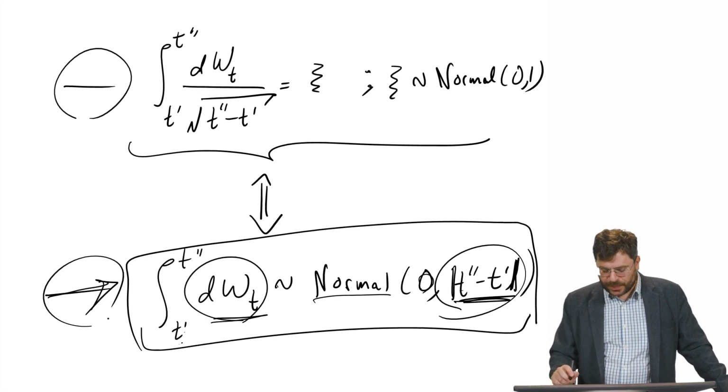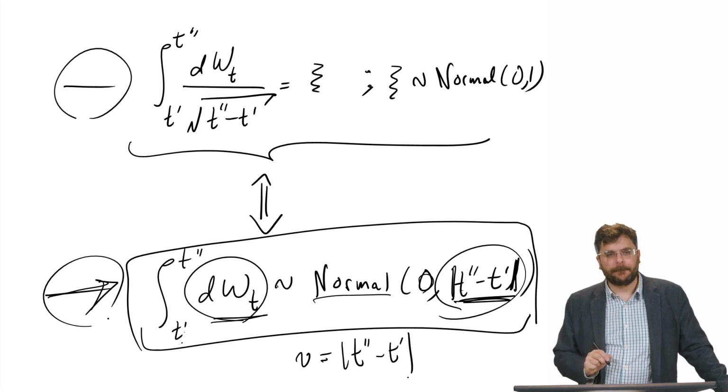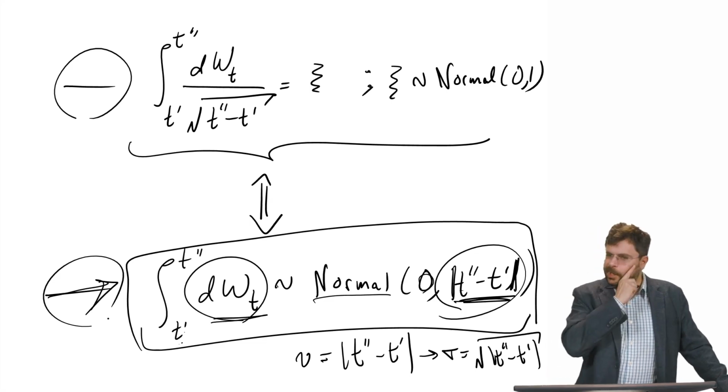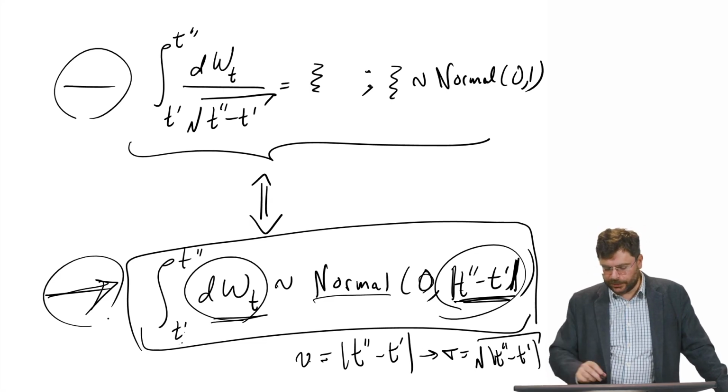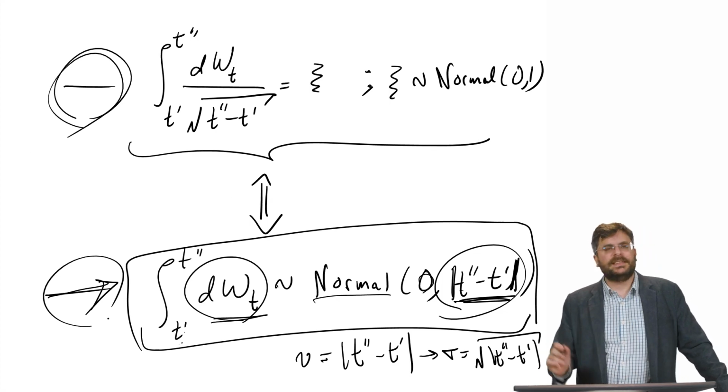Now, if the variance is t double prime minus t prime, this implies that the standard deviation is the square root of t double prime minus t prime, because the standard deviation is just the square root of the variance. Now let's go back to this original equation. What is this telling us?